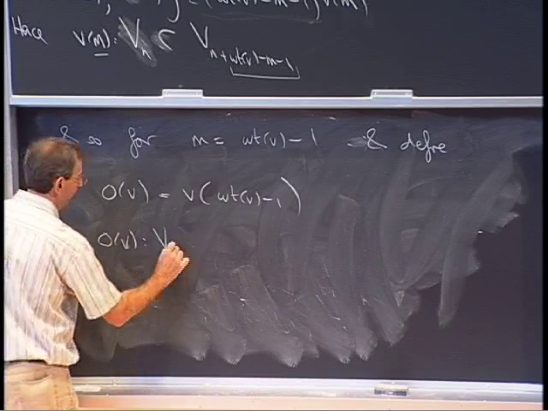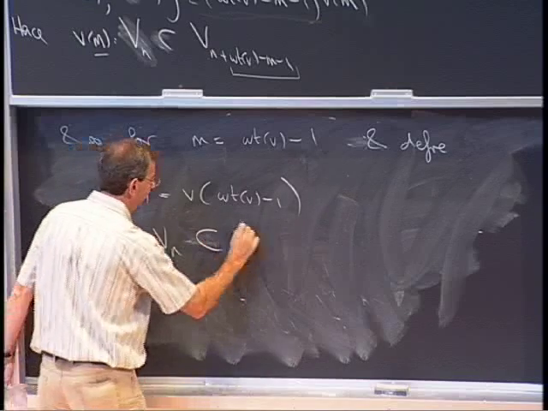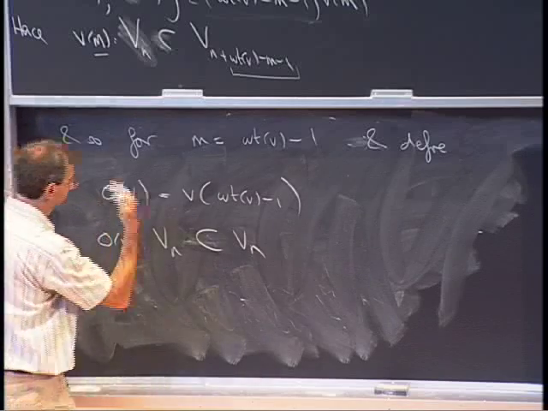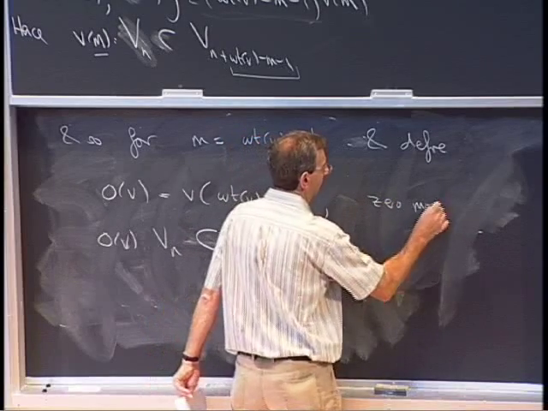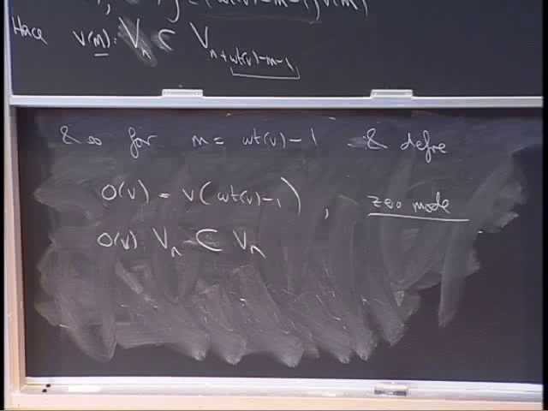It maps Vn into Vn. It's the so-called level 0 mode, or the 0 mode. If you're using physics notation, this would literally be v of 0. If you have any background in conformal field theory, this would be called v of 0. But in math mode, it's v of weight of v minus 1.